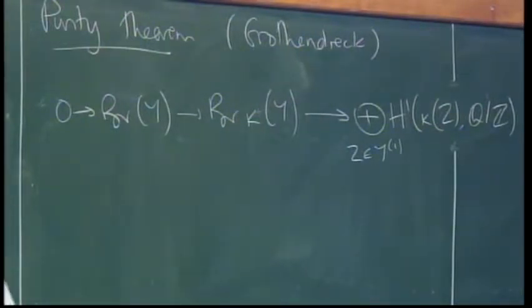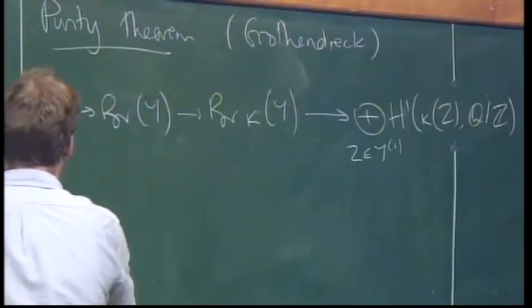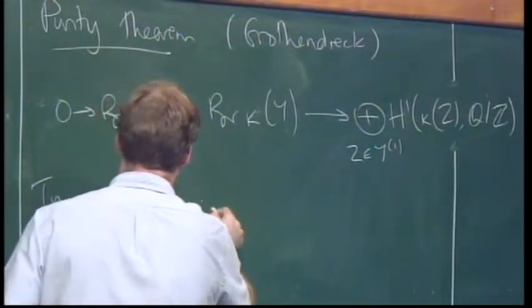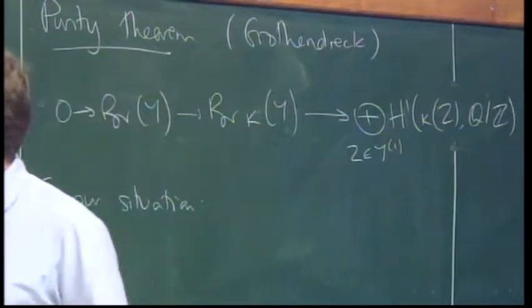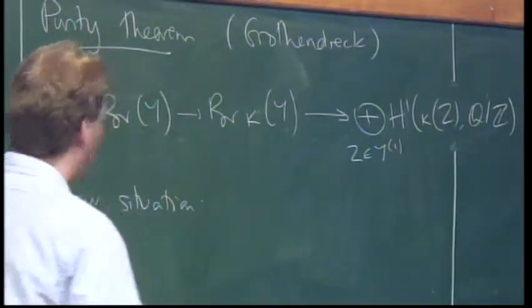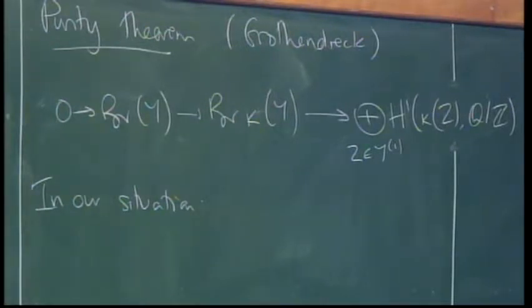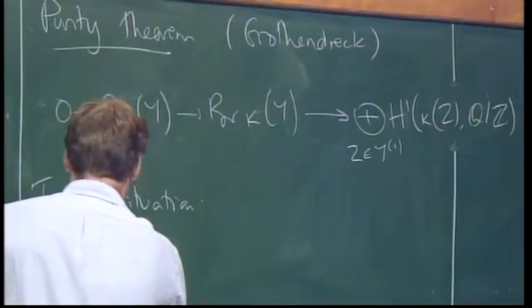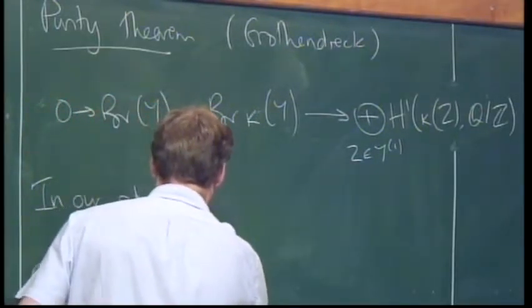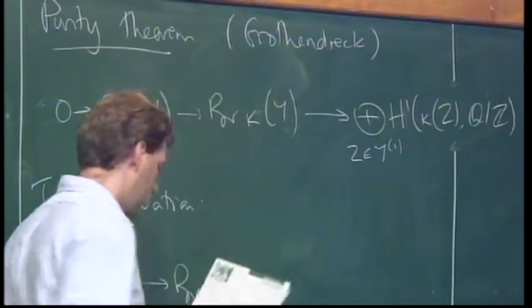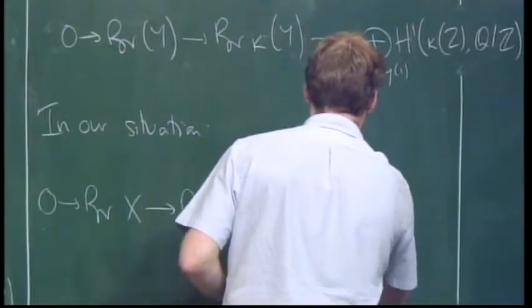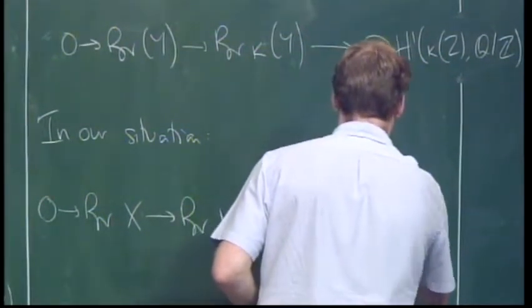Okay, so in our situation, thinking about this family and its generic fiber, I can do exactly the same thing to relate the Brauer group of X to the Brauer group of the generic fiber. And what do we get? We get the Brauer group of X, the Brauer group of the generic fiber X eta, and then we also get a bunch of residue maps.